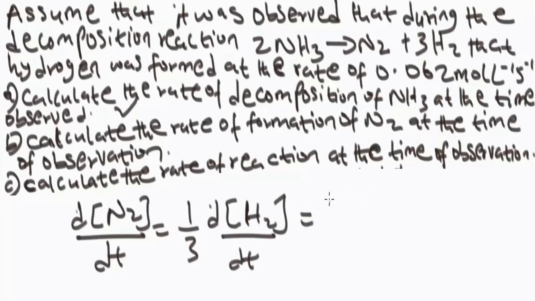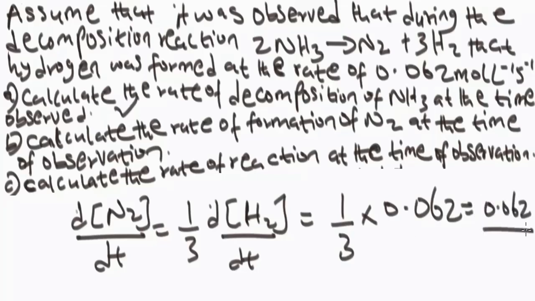So the rate of appearance of nitrogen gas will equal 1 over 3 times the rate of appearance of hydrogen gas, right? So when you input the values, for hydrogen gas it will be 0.062. So when you simplify, this is 0.062 divided by 3.